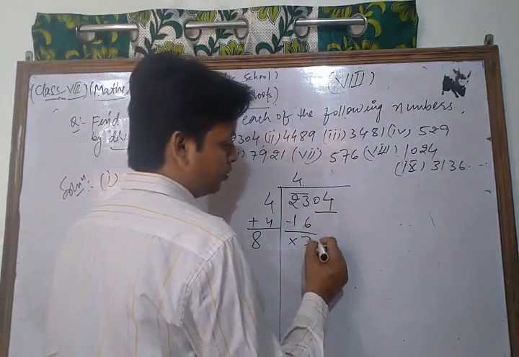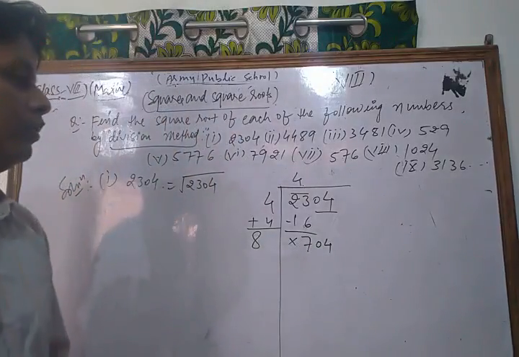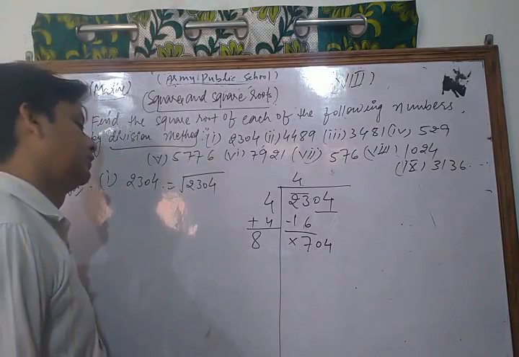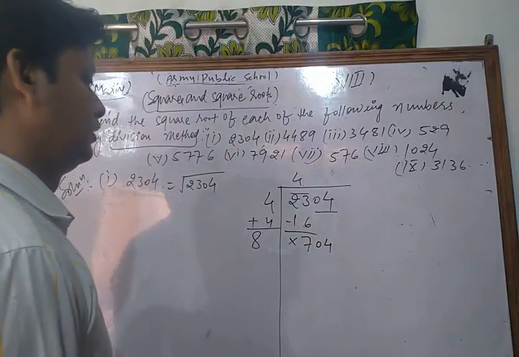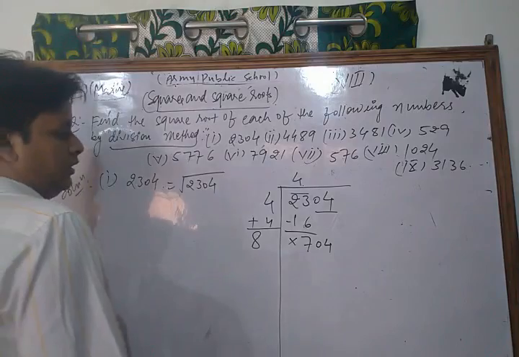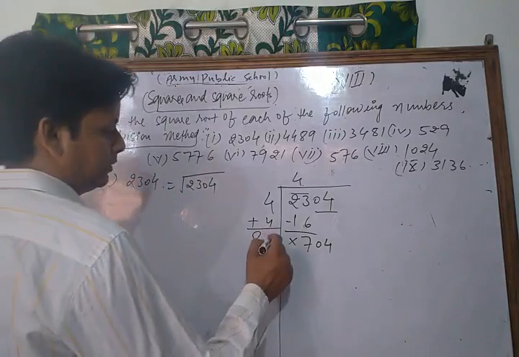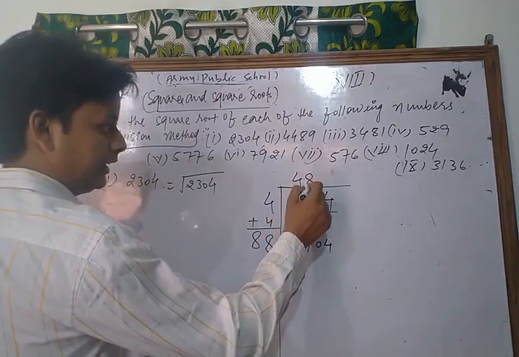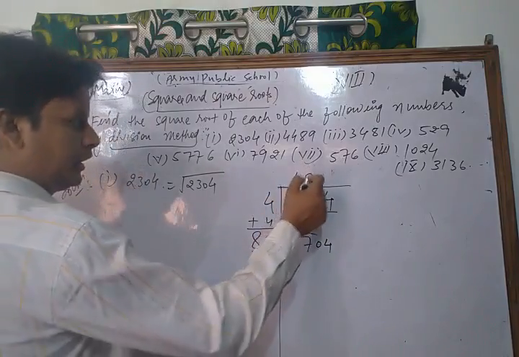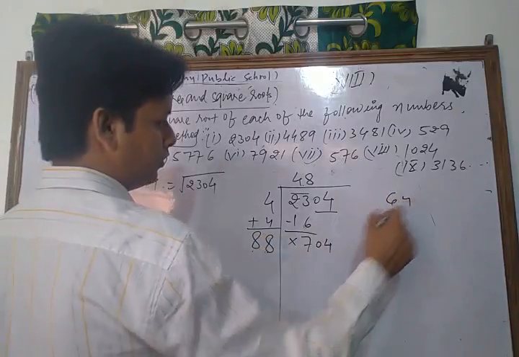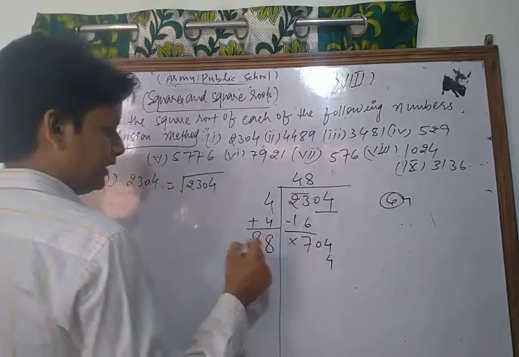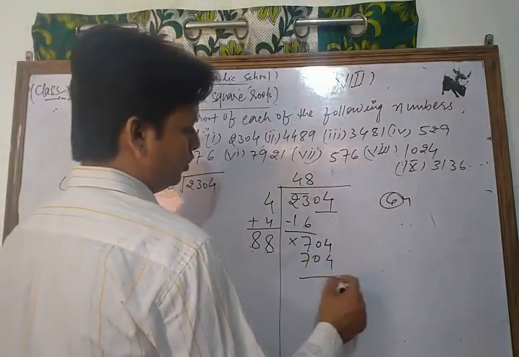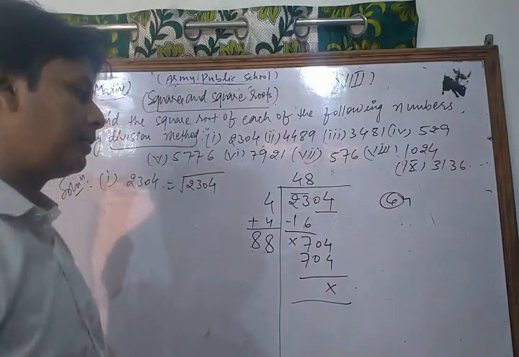So here we write 04. Now 8 times: here we write 8 in that place, and multiply 8 by 88. 8 eights are 64, carry 6. 8 eights are 64, and 6 makes 70. We continue this process till the remainder becomes 0.